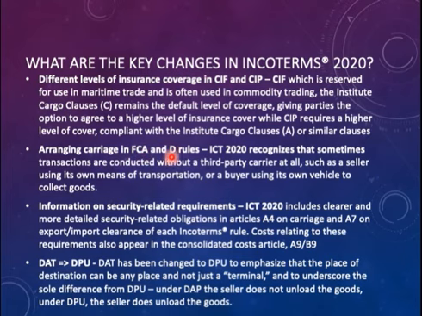Or in the D rules, the seller can use its own means of transportation to deliver the goods to the point in the importing country. So the main difference here is the arranging of carriage in FCA and D rules, that means the seller or the buyer can use their own means of transport to deliver or collect the goods.